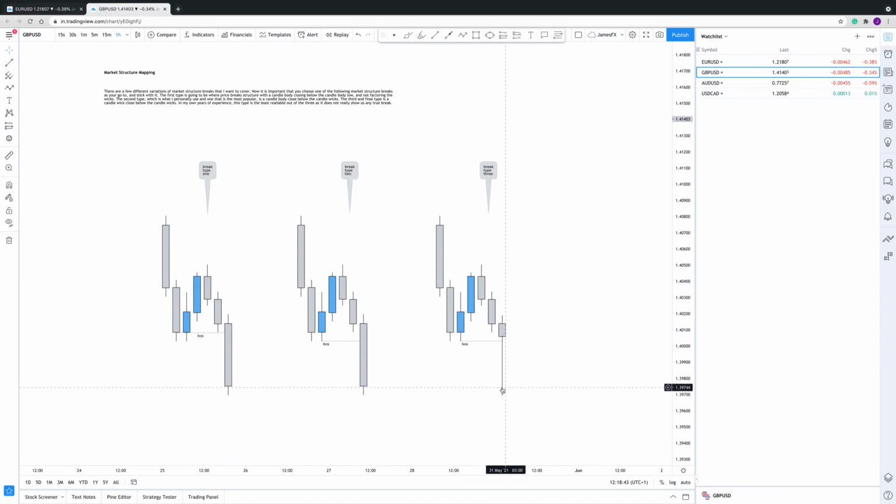So price got to this area here, but it's wicked, and buyers have come into the market and closed it back up here above the actual low. So when I see something like this where we get a wick and it closes above, it could be just grabbing liquidity, faking out people into the market, like enticing them in before reversing.